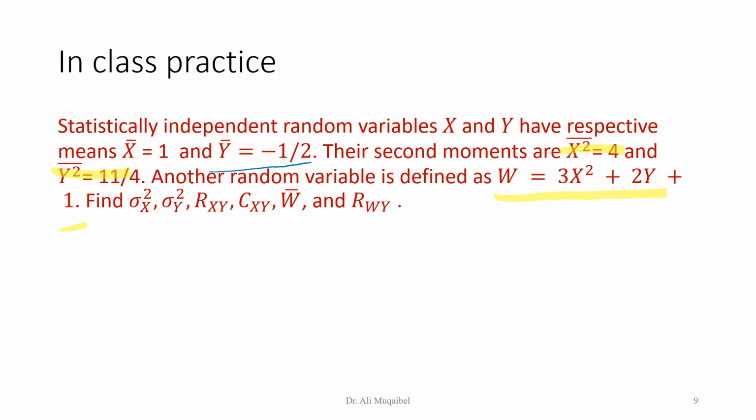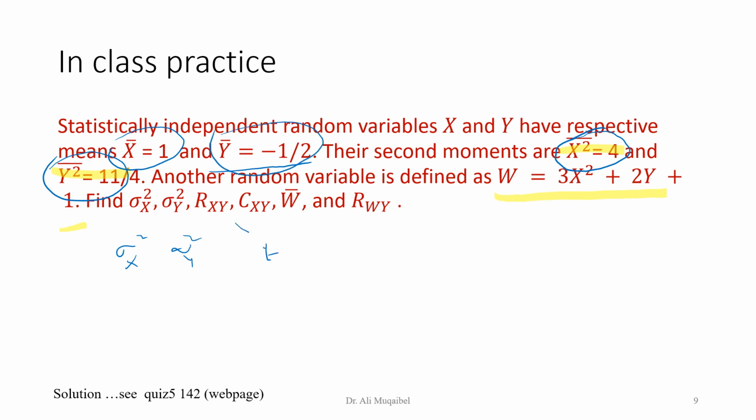This should be straightforward. So please start by finding sigma x squared. We know the relation between the second moment and the first moment. Find sigma y squared from the relation between y bar and y bar squared. And then Rxy is nothing but the expected value of x times y.